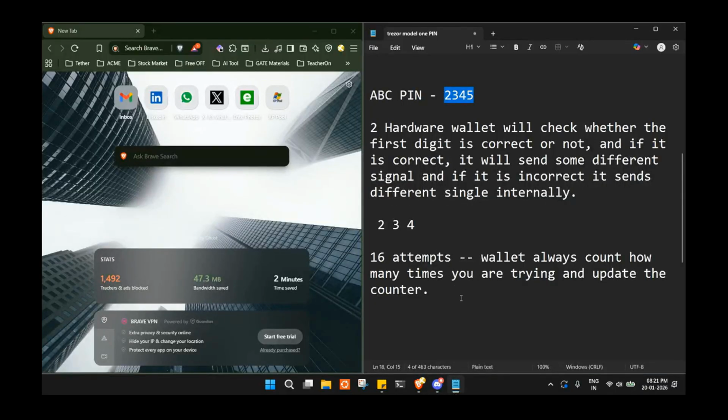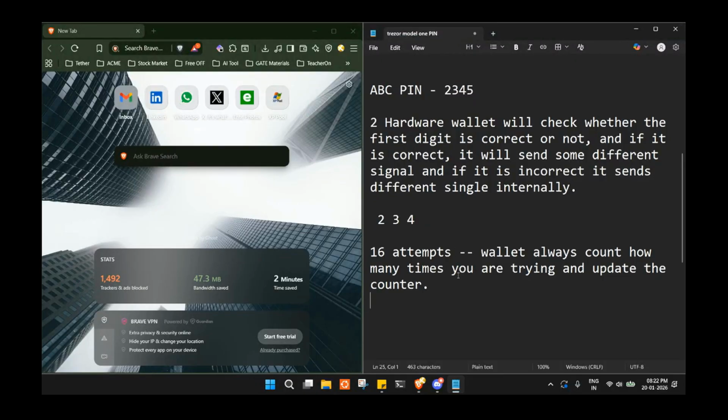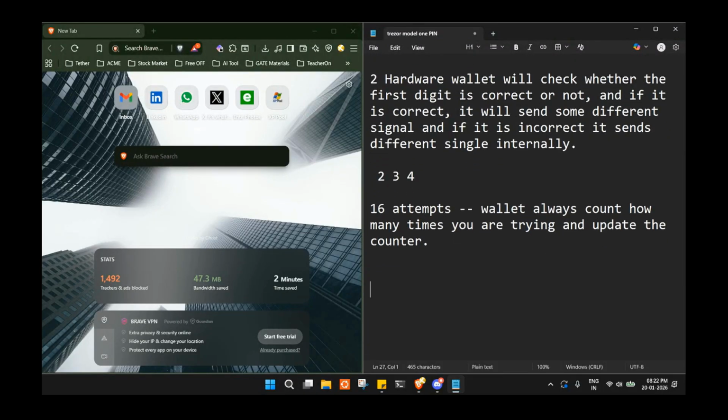Otherwise, I can move ahead. So this is one way through which the Model 1 and Model T, because those don't have the secure element chip, can be attacked. There are multiple ways, like side-channel analysis is one way. Then I told you that you have to send some signals so that the hardware wallet will forget. That is nothing but fault injection.